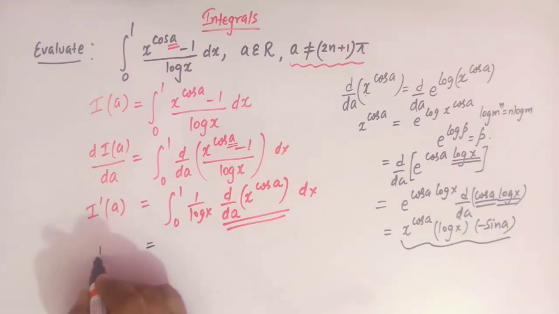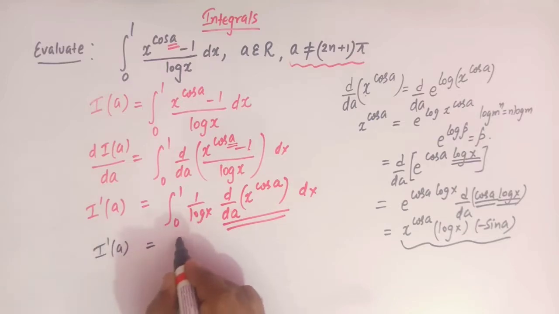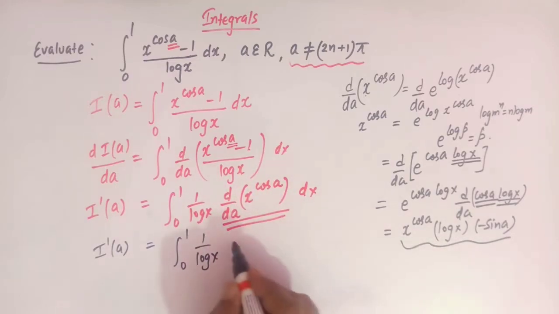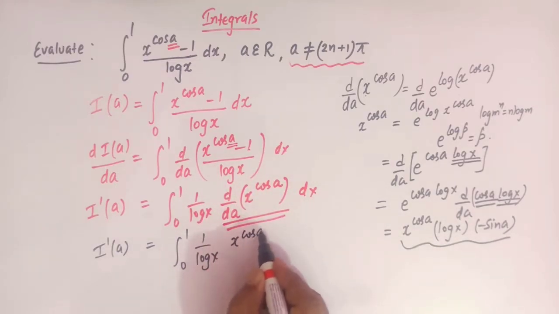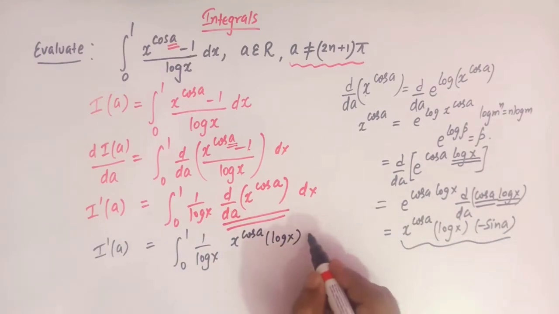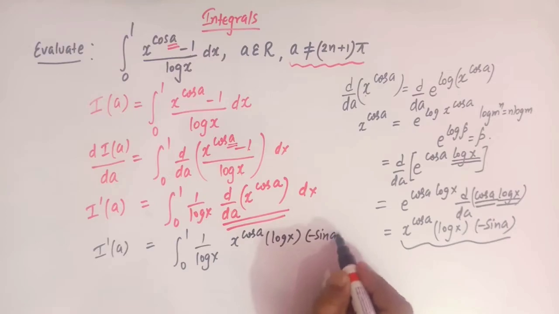Now we have I prime of a as the integral from 0 to 1 of 1 over log of x, times x raised to cos of a, times log of x, times minus sine of a, dx.